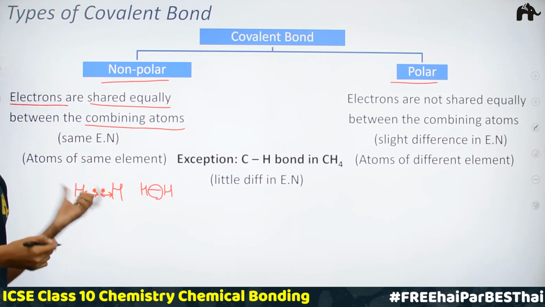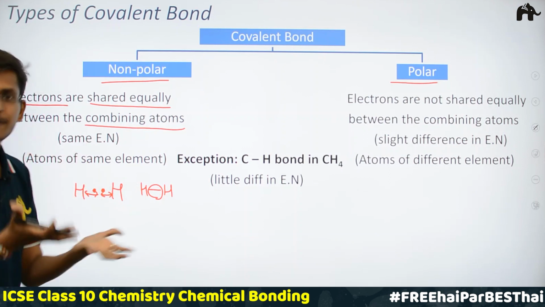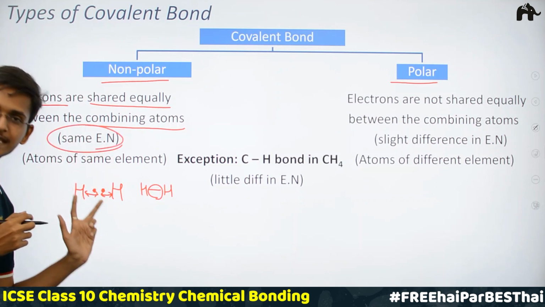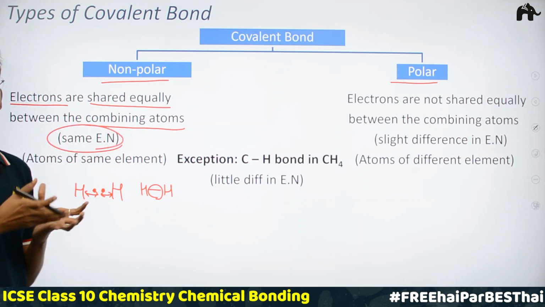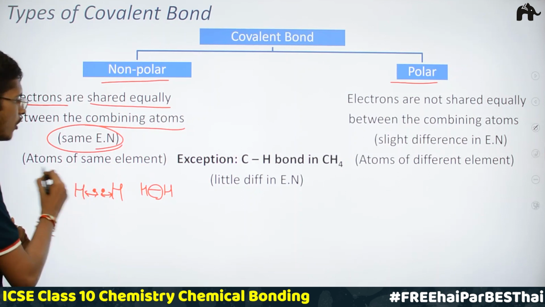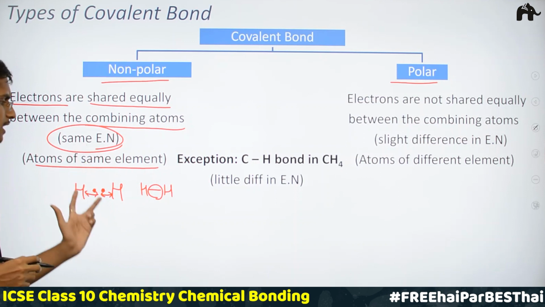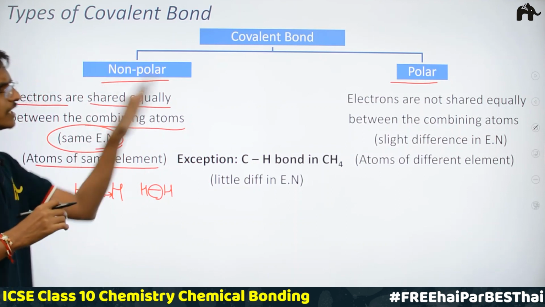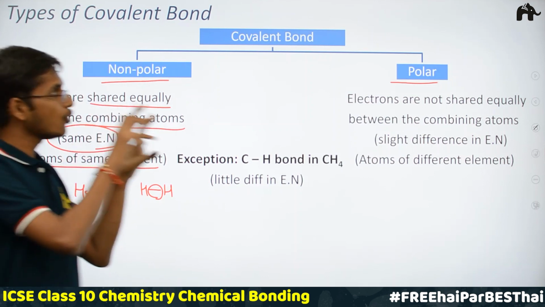And yes, this means that they would have the same electronegativity, correct? Now, why is this happening? This is because of the same electronegativity, and it's very simple. You can see here, these atoms are of the same element, so it's obvious that the combining atoms would have the same electronegativity. Now, let's move ahead towards the polar covalent bond.